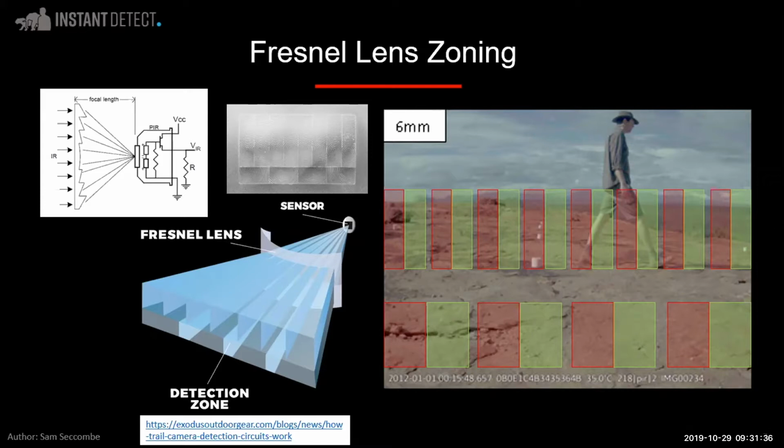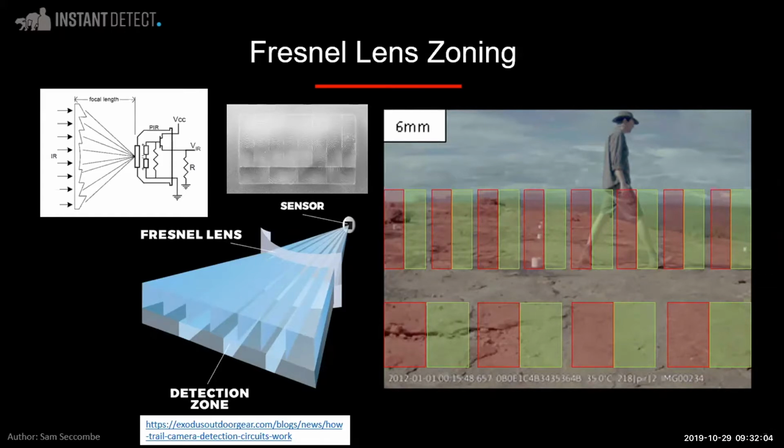And this essentially causes a number of detection zones to be created. And it's easiest to work this out as if you project out from the lenses where the image sensor is looking at, onto an image, you see a number of positive and negative sensor zones, the red and the green patches. And so you'd only get a detection if a heat change is detected in the red and then the green sequentially.